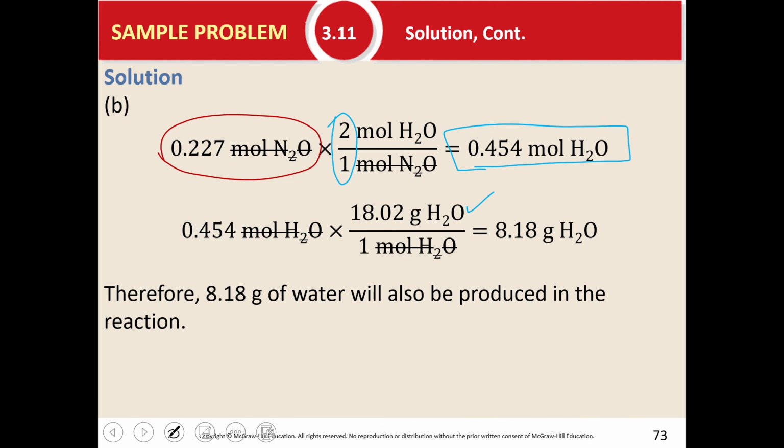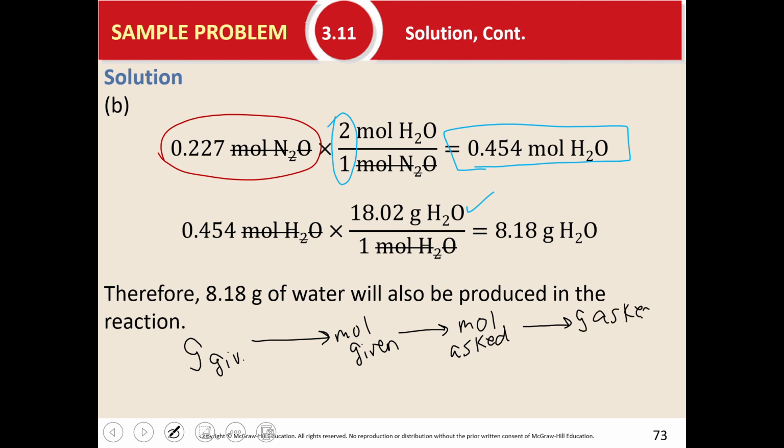So the summary is when we have a mass-to-mass problem, they're giving us the mass of one thing and they're asking us for the mass of something else. That's a mass-to-mass problem. We're going to go from grams of the given to moles of the given to moles of the asked for to grams of the asked for, or the unknown.